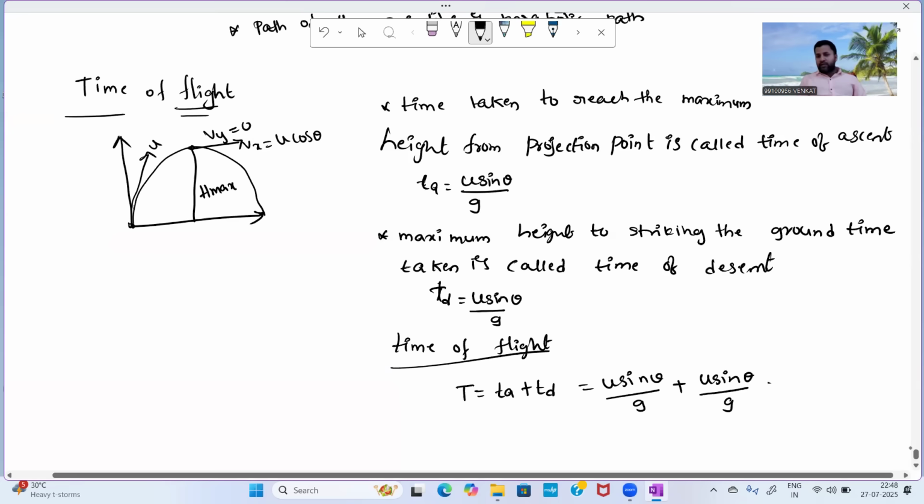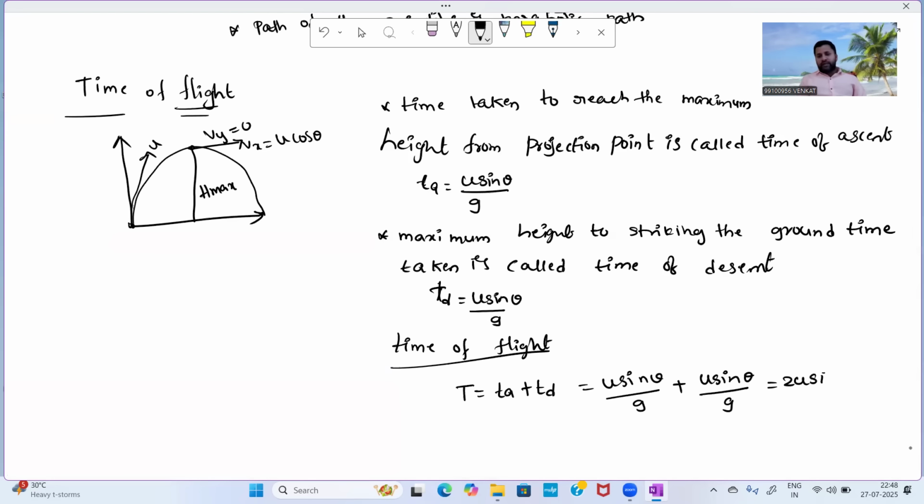Then we will get 2u sine theta by g. So this is the time of flight. This is one method: if you know the time of ascent and time of descent, we can solve and get 2u sine theta by g.